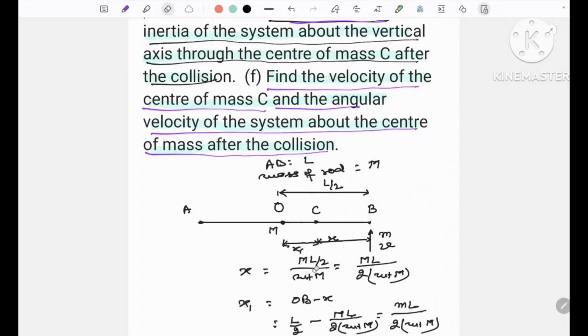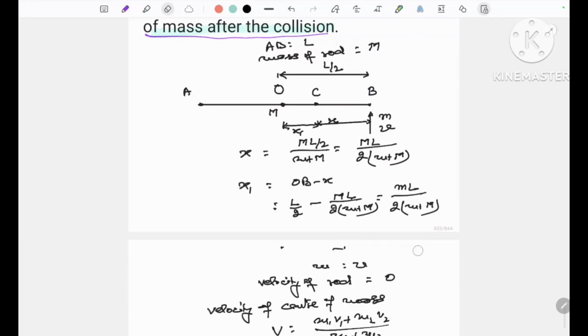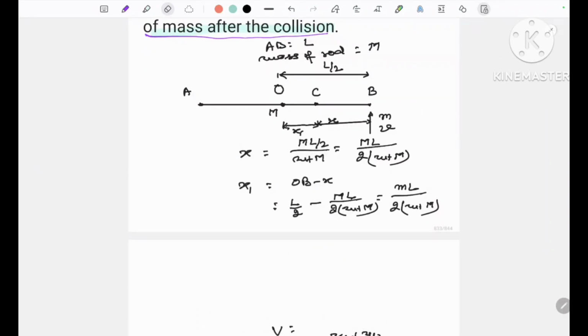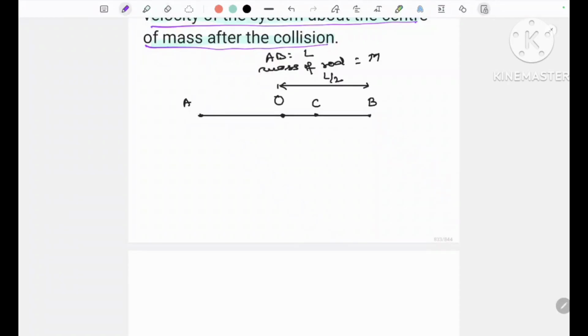Angular velocity of the system about C. Velocity of this C is mv upon m plus M. Velocity of the particle is v and of the rod is 0.